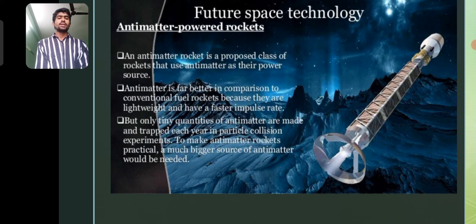But only tiny quantities of antimatter are made and trapped each year in particle collision experiments, so a larger source of antimatter would be needed.